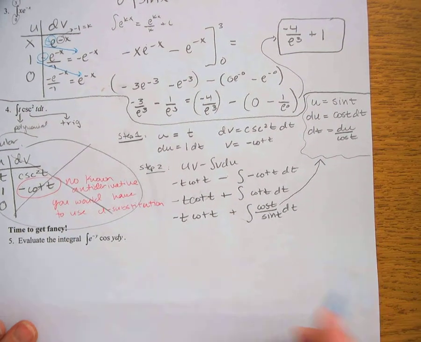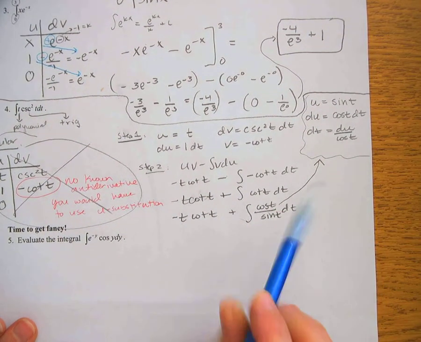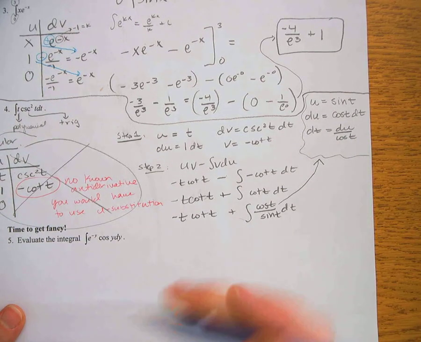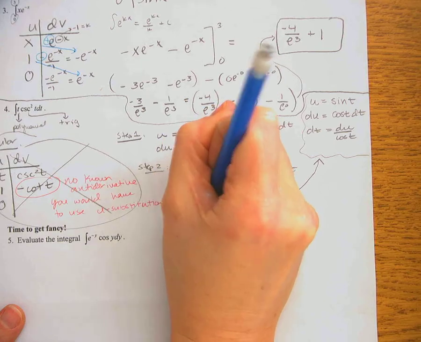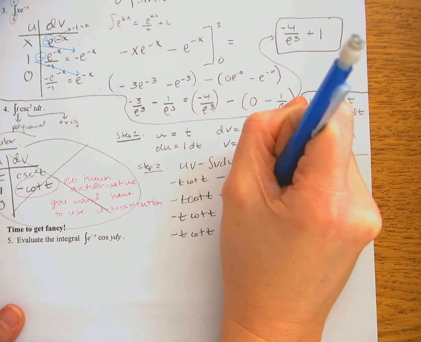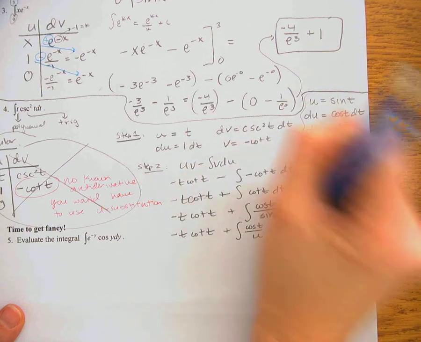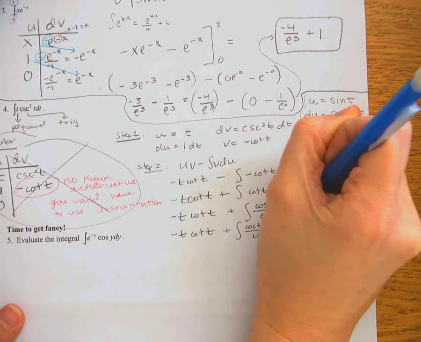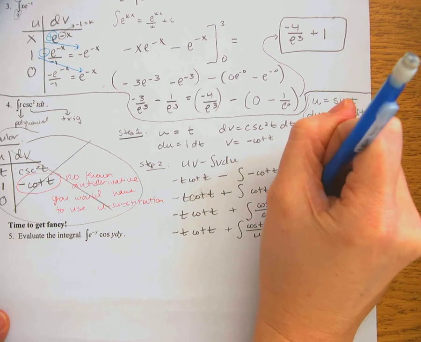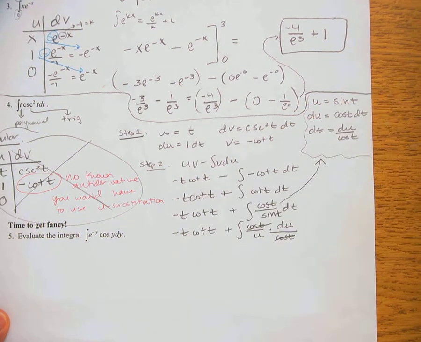Okay, so what I can do is I can rewrite this integral. So I have negative t cotan t plus the integral of cosine t divided by u times dt, which is du divided by cosine t. The cosine t's cancel out.